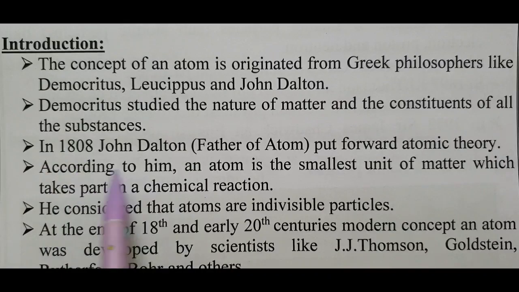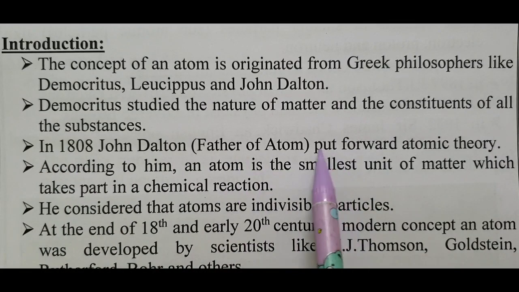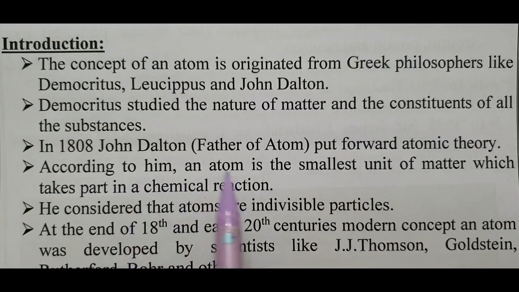In 1808, John Dalton, also called the father of atom, put forward atomic theory. According to him, an atom is the smallest unit of matter which takes part in a chemical reaction.